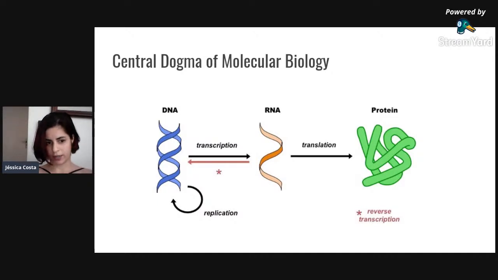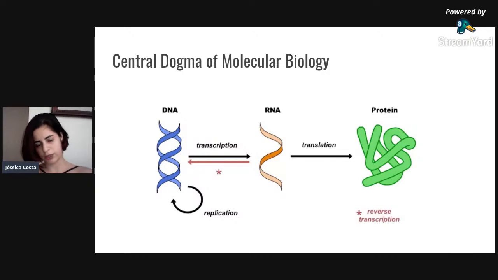We have a DNA. We have a process called replication. Replication is to replicate DNA, but DNA passes information to RNA. This process is called transcription.